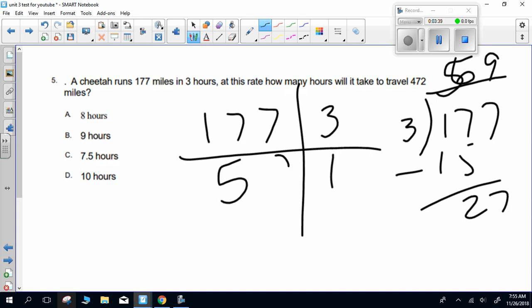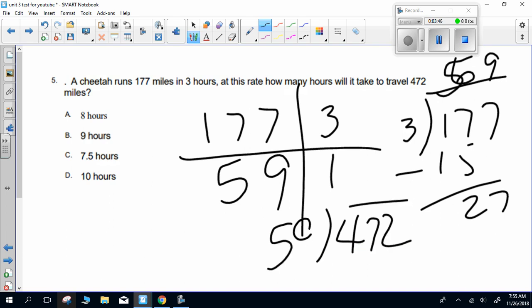So the cheetah is running 59 miles per hour. 472 divided by 59. Let's go with 8. 8 times 9 is 72, and 472. So it will take him 8 hours to run that distance.